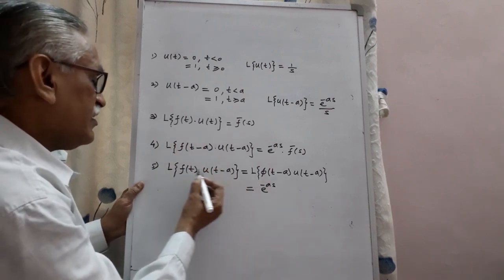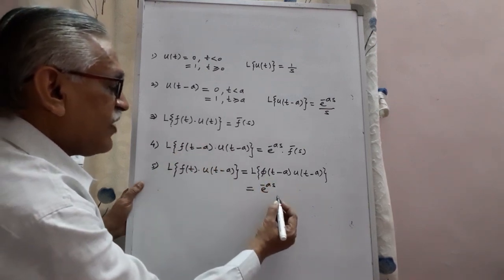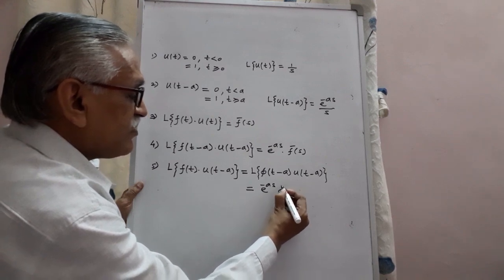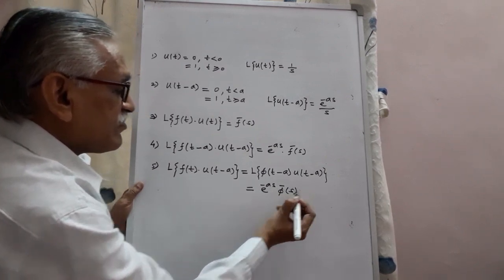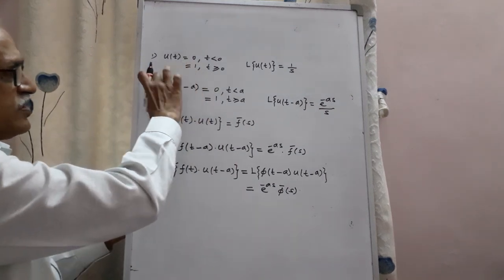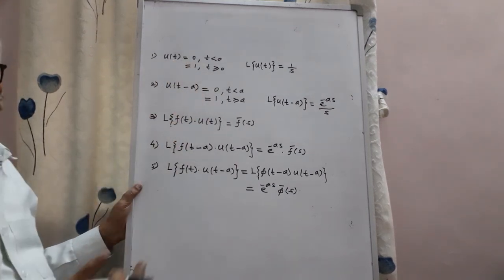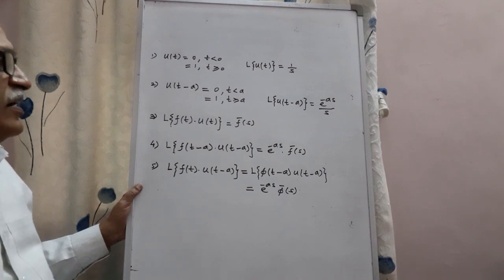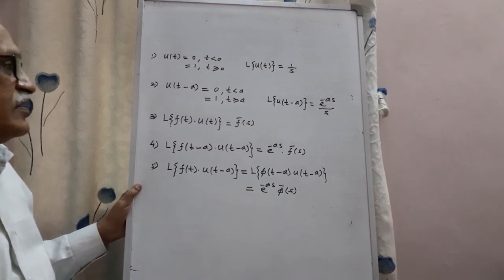Here that one is phi of t and its Laplace is phi bar of s. Therefore, four important results from this section on unit step function and displaced unit step function.